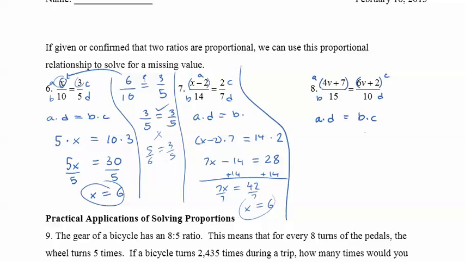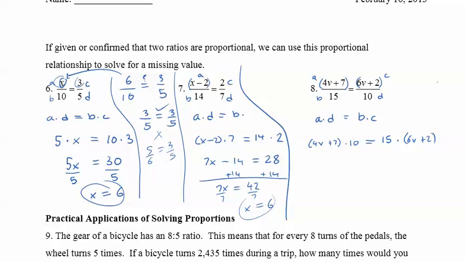So according to this relationship, A times D, so (4v plus 7) times 10 equals B times C, 15 times (6v plus 2). By the way, you can now see why having the parentheses was useful, because if we didn't have them, then you might make a silly mistake and multiply the 15 times the 6v and ignore the 2, while it's really supposed to be multiplied by all of it.